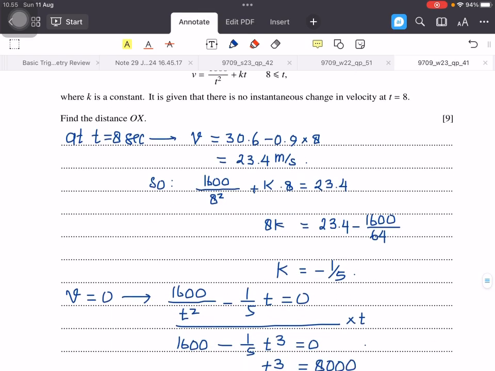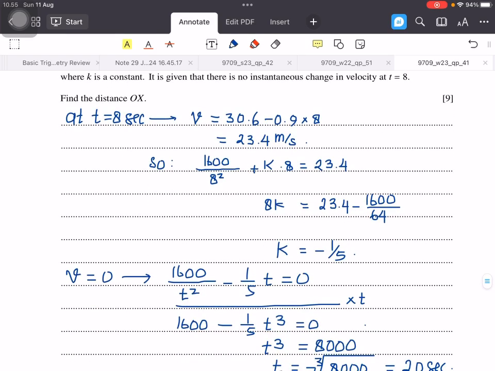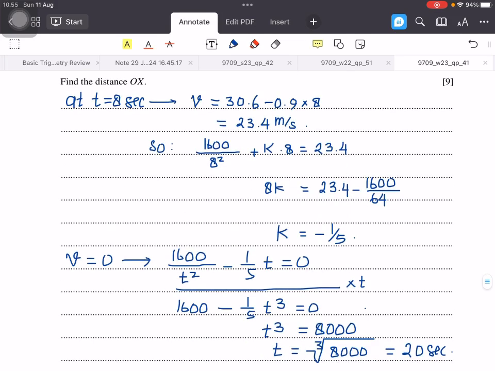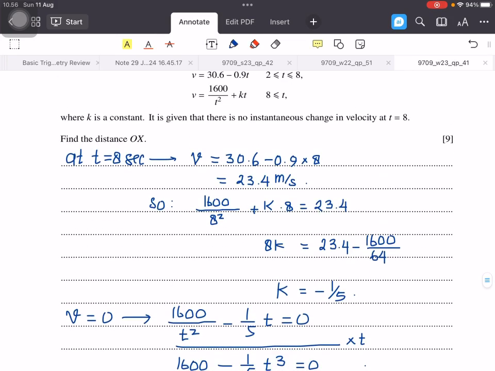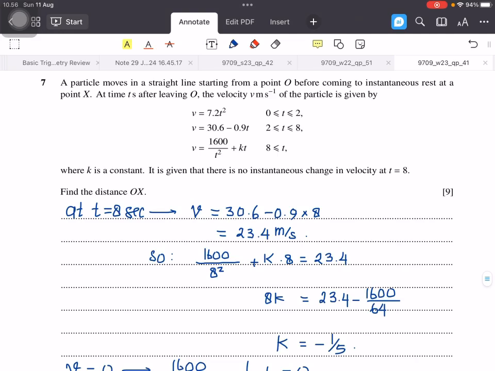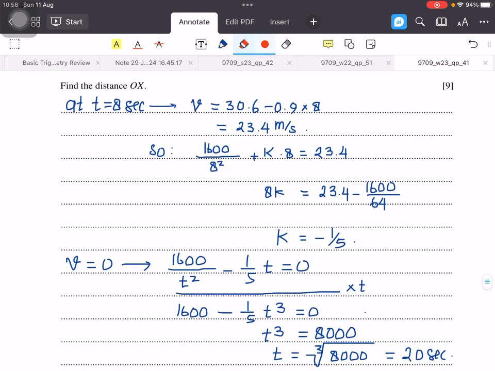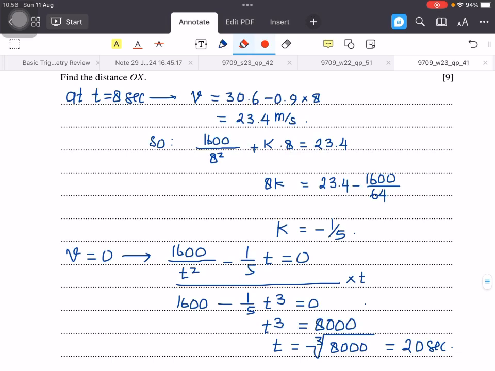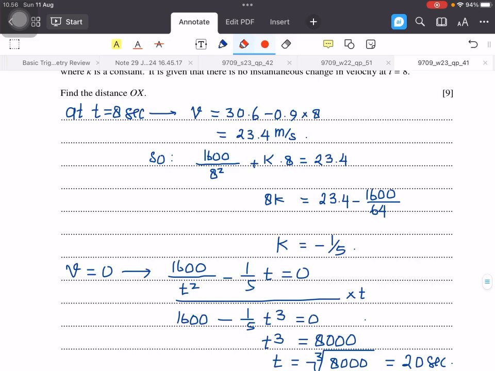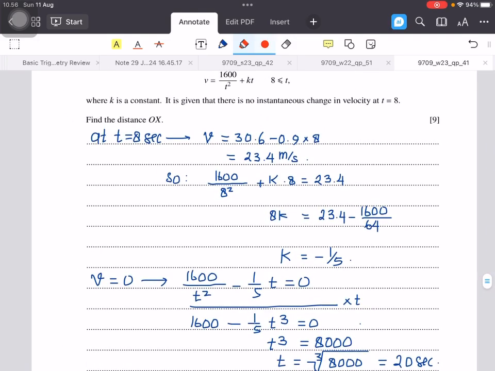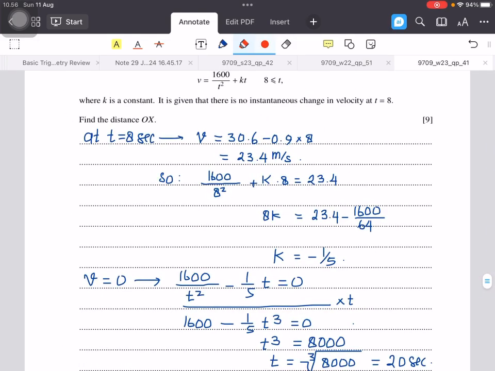And then we continue. The question says when the particle arrives at point X, the speed is equal to 0. So we continue to find the time when v is equal to 0. We use the third formula, but in which we have found the value of k.